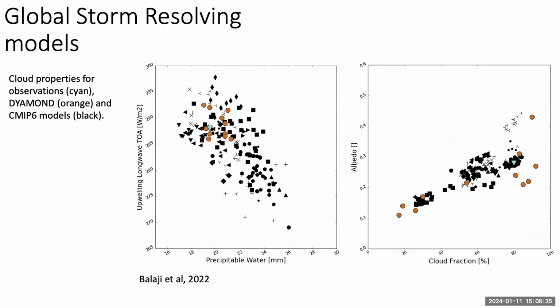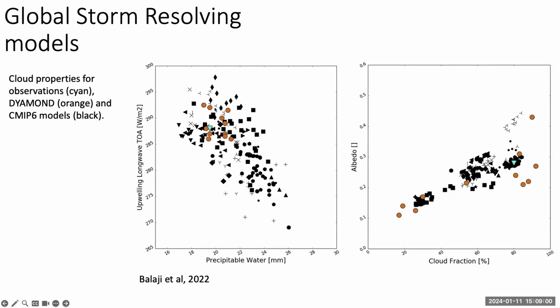Now, what are GSRMs doing better or worse or the same compared to traditional models? This is just a scatter plot of different cloud properties and how GSRMs look. The black ones are different GCMs, the traditional ones.